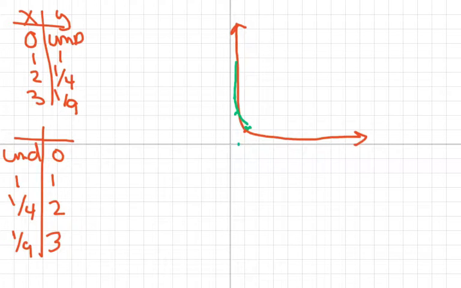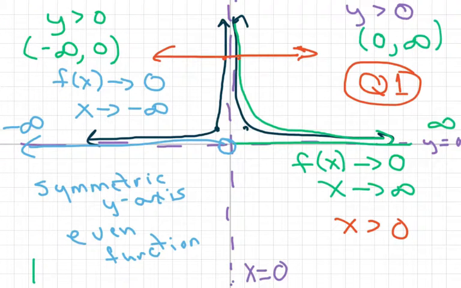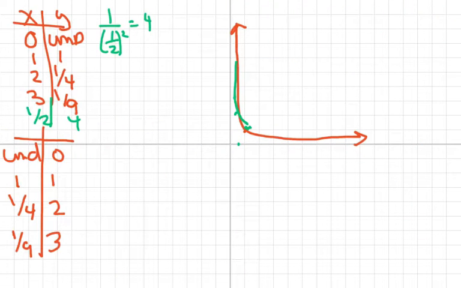And you can't tell what's going on here, so I'm going to have to use some more values. So what I want to know is what's going on with 1/2. If you divide 1 by 1/2 squared, that gives you 4. So I'm going to go ahead and switch. Whoops, sorry. 4 goes to 1/2. So 4 goes down here. So basically, you get kind of the same thing like we did before on the other function.